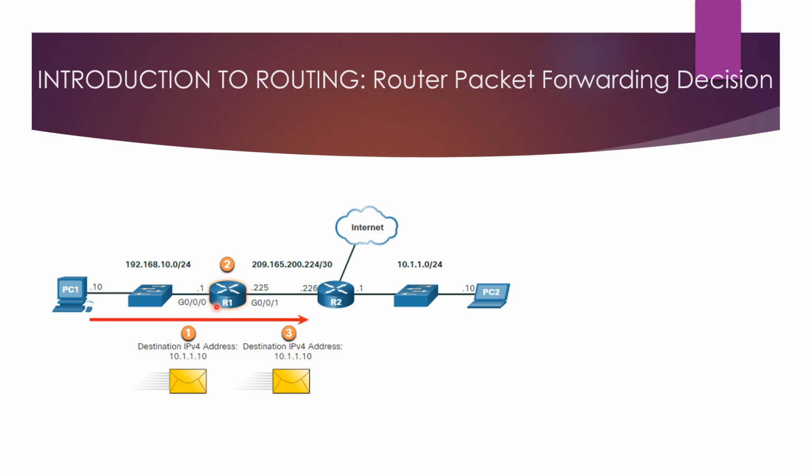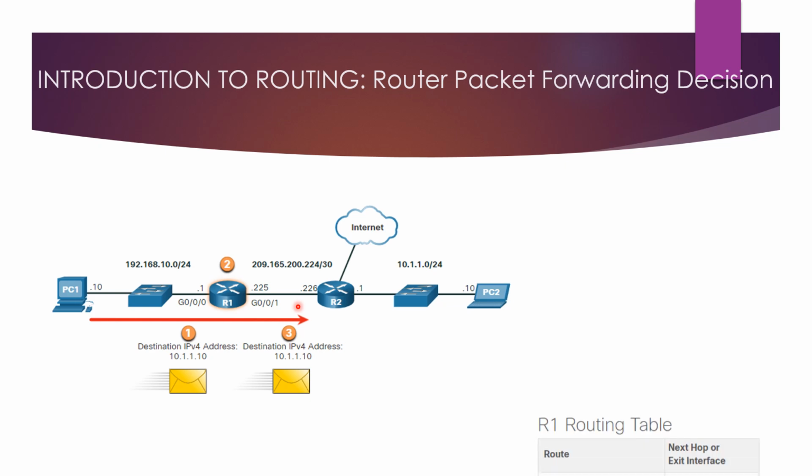The route entry indicates that this packet needs to be forwarded to router 2. Router 1 will encapsulate the packet into a new Ethernet header and trailer and forward the packet to the next hop, router 2. It will encapsulate the packet with the same destination IPv4 address, but now with a different MAC address for source and destination.